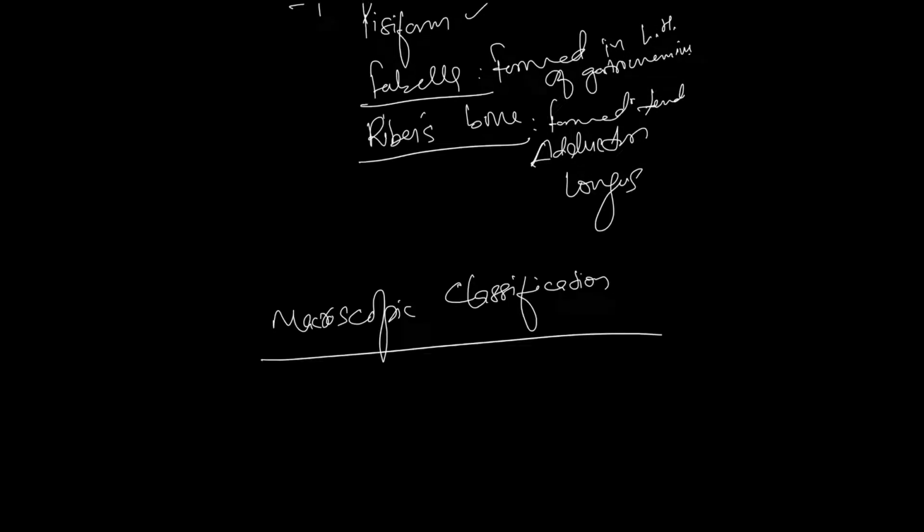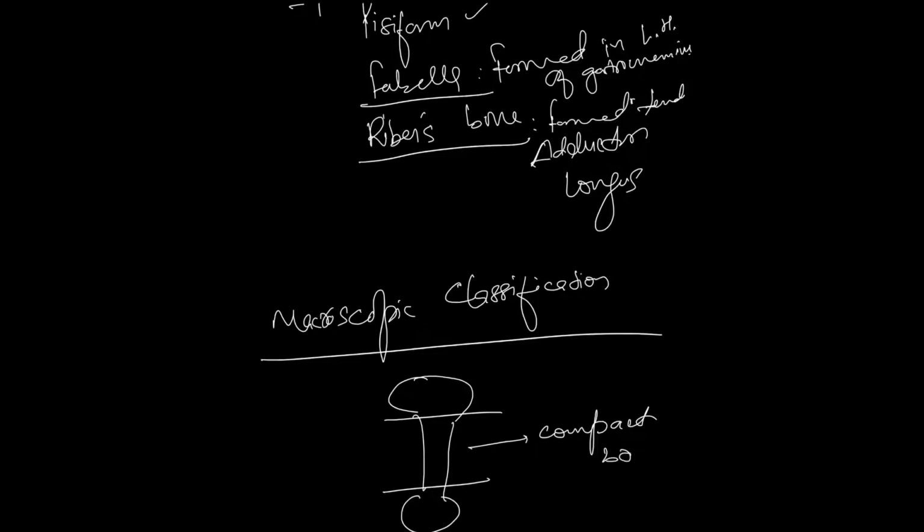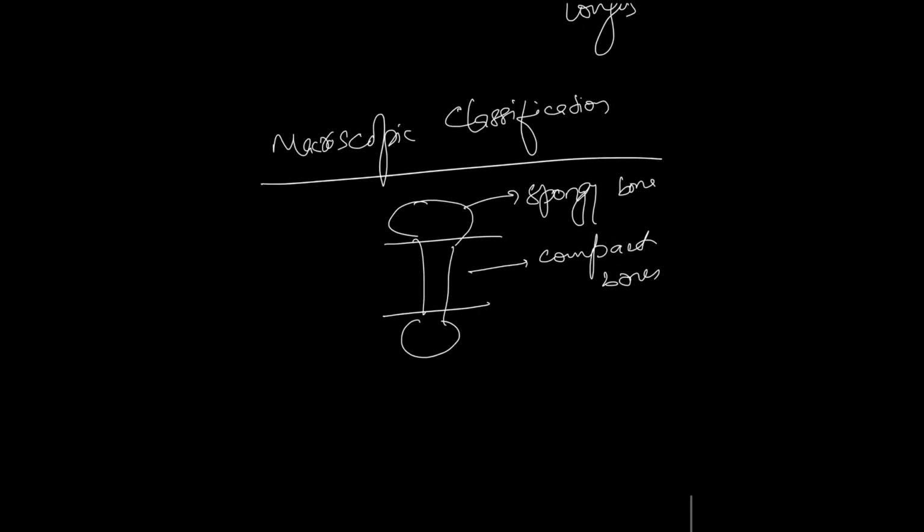Okay, macroscopic classification. Macroscopically, we are dividing bones into compact bone and spongy bone. Now, can you tell me which part of bone is called spongy bone?